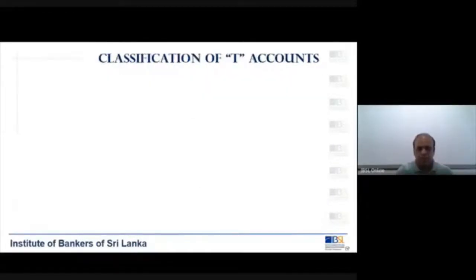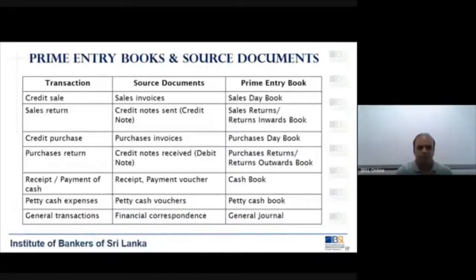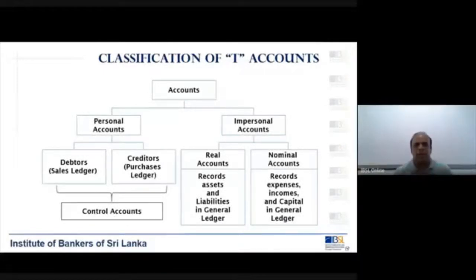So let us look at what a T account is. If you look at the entire accounting system of an organization, it can be started with two sets of accounts that you may see.